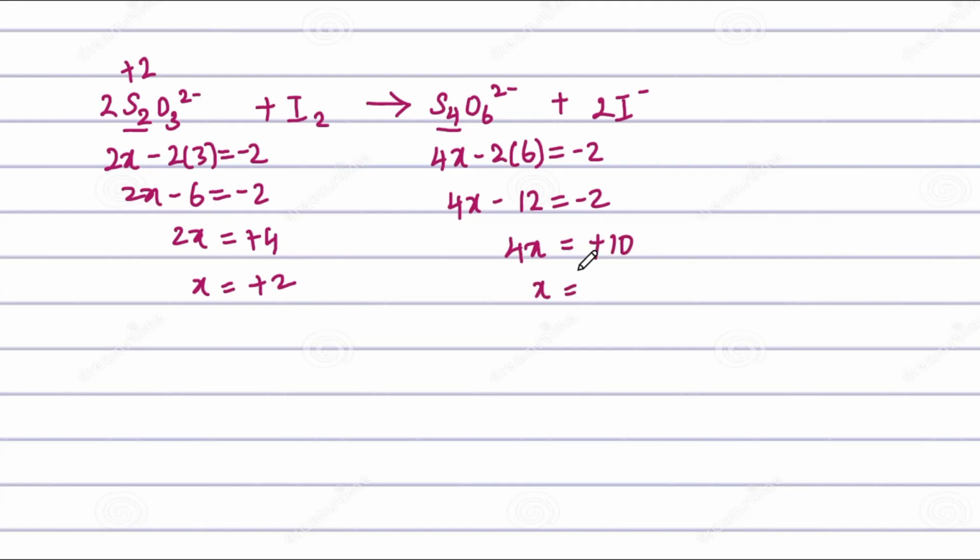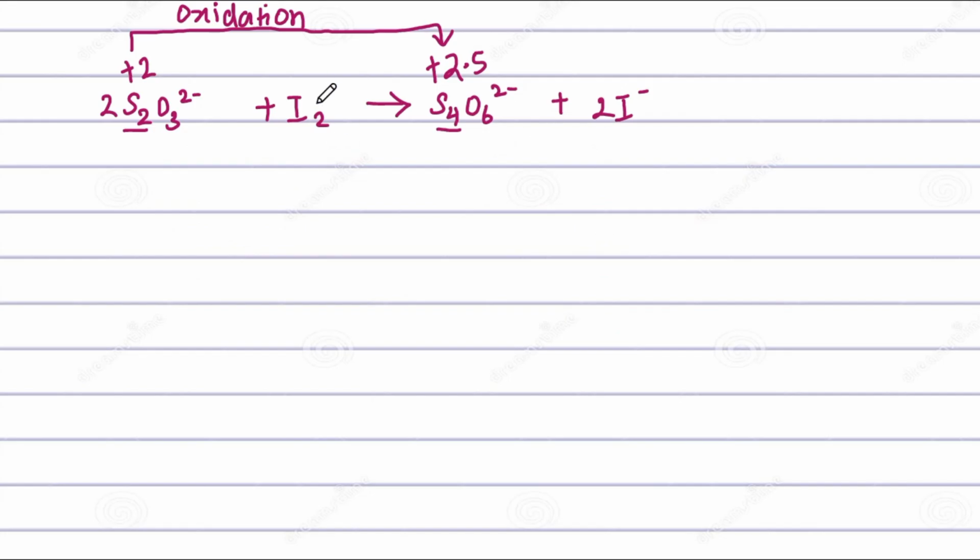Value of x is 10 by 4, that is equal to 2.5. So, the oxidation state of sulfur increases from +2 to +2.5. So, increase in oxidation state is oxidation. So, thiosulfate undergoes oxidation.